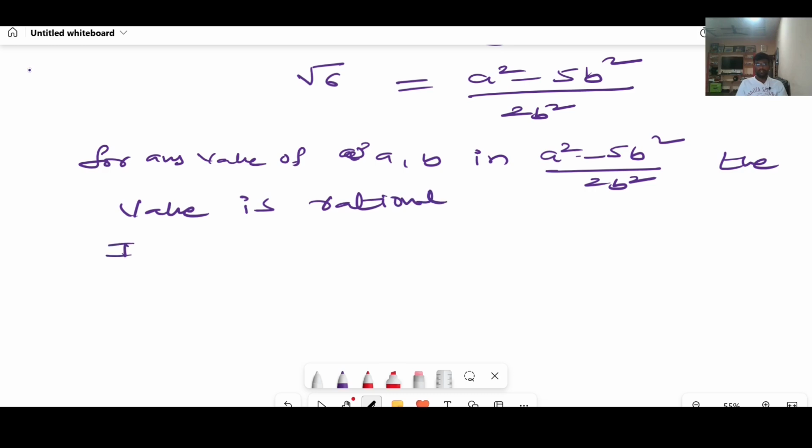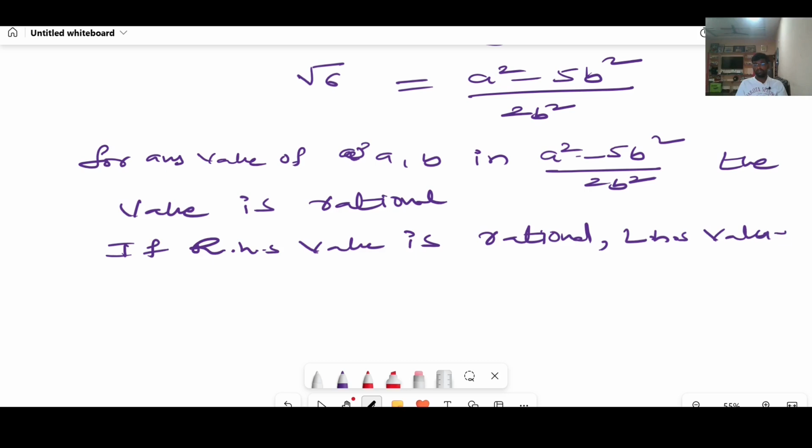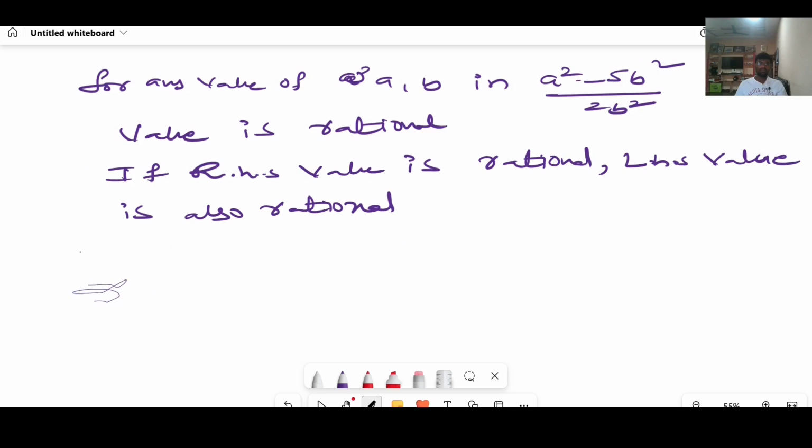If the RHS value is rational, the LHS value is also rational, right?